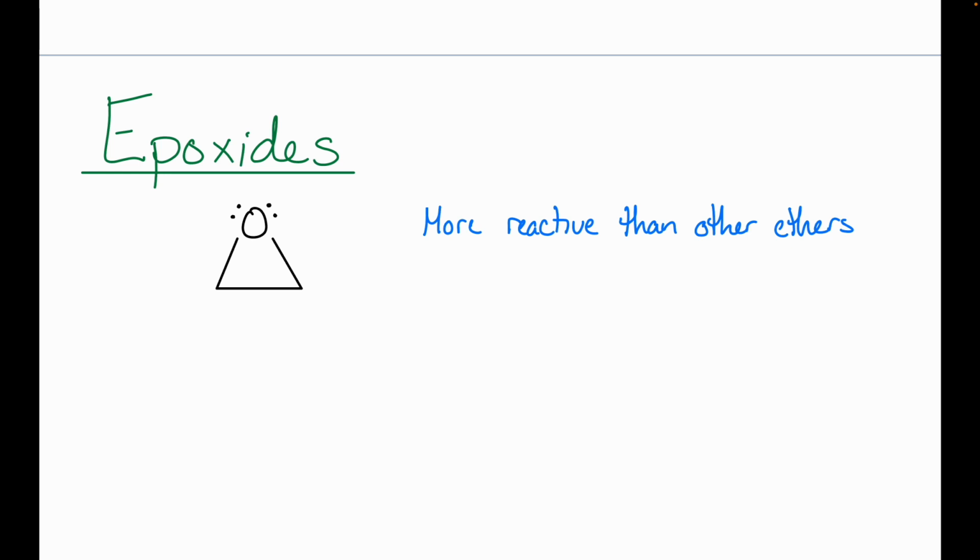The little triangle that they're in. This little triangle is much less stable because of what's called ring strain. I'm sorry, angle strain.